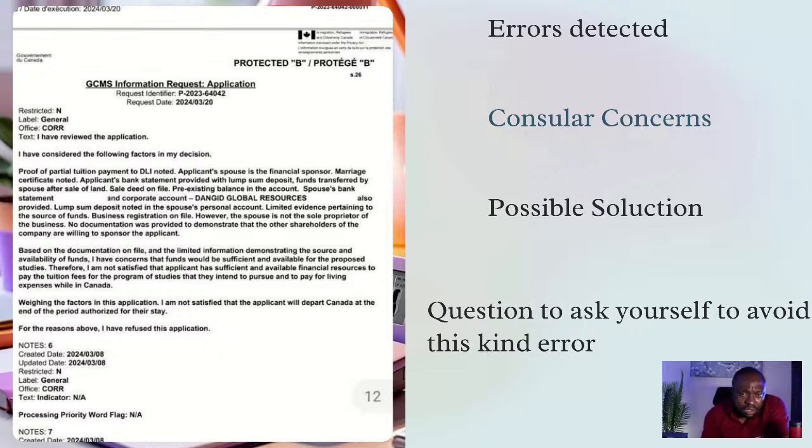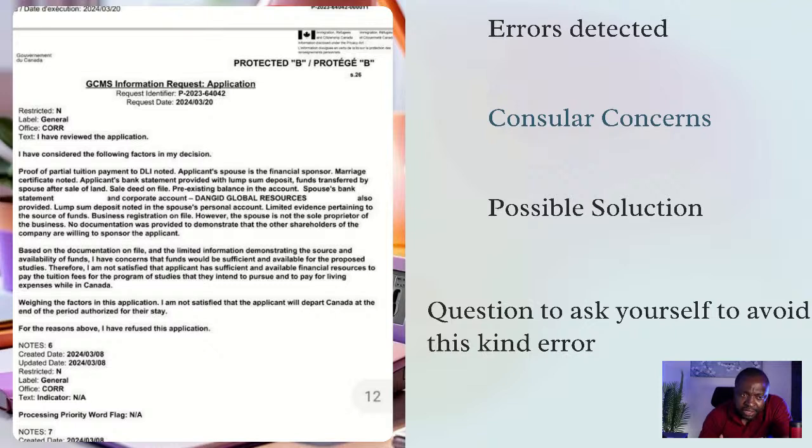Now, let's read. This is a GCMS note of somebody. Okay. Now he said, I have considered the following factors in my decision. Proof of partial tuition payment to DLI noted. Applicant's spouse is the financial sponsor.